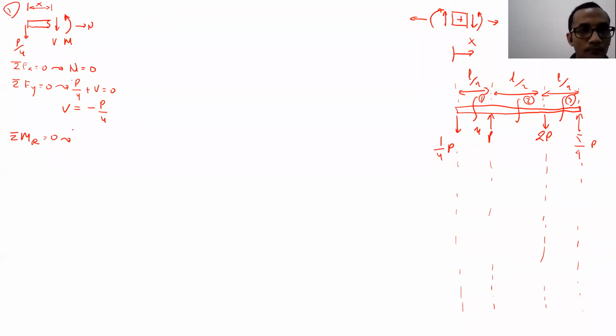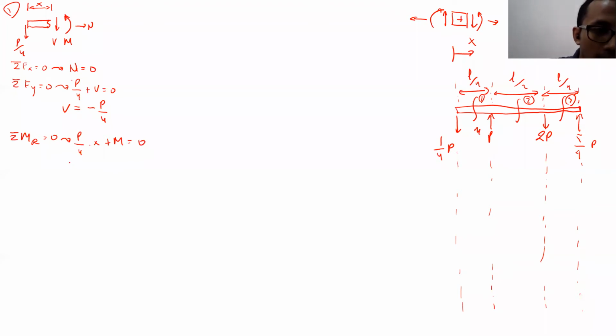P over 4 times x, counterclockwise, right? Equal to 0. Now, how about M? M is there. Don't forget, plus M. Plus M equal to 0, right?